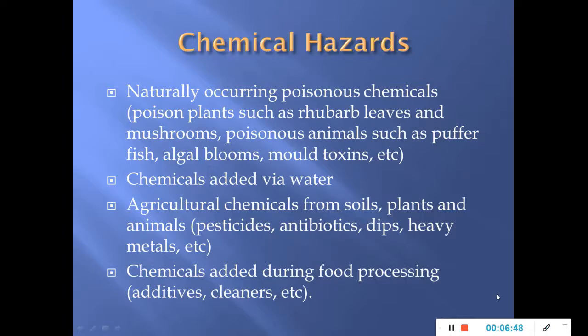MSG or Chinese salt can be added as a food additive, but a higher quantity makes it a chemical hazard. So, caution, the term chemical hazard might not be just the presence of it, it will also be based upon the quantity of the chemical which has been present in the food.